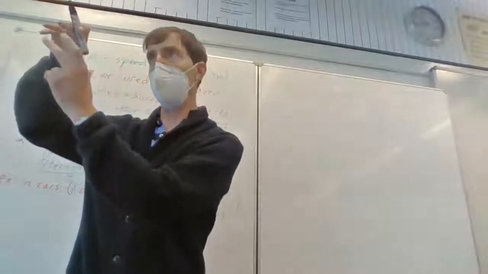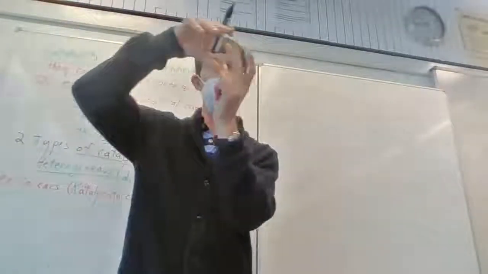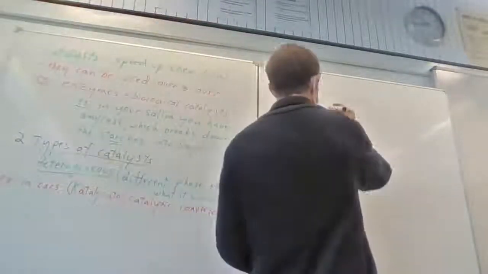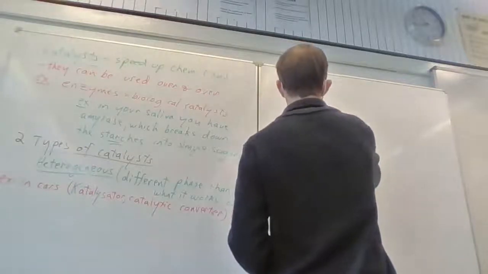Okay, so draw yourself the exhaust pipe. Think of a pipe with the exhaust coming out of the back of the car. Let's say it's coming this way. So here comes the exhaust.